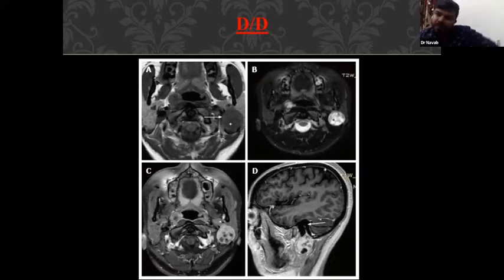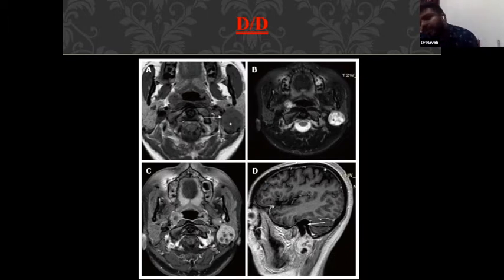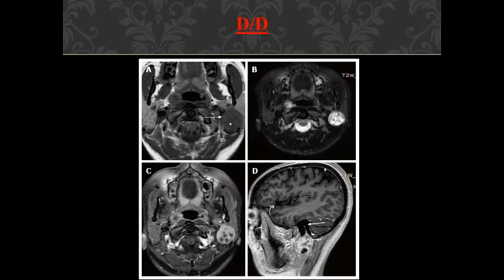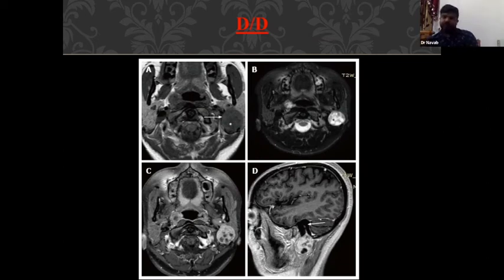What is the commonest parotid tumor with perineural or perivascular spread? Adenoid cystic carcinoma. So what is the commonest malignant tumor of the parotid gland? Adenoid cystic carcinoma, acinic cell carcinoma? No, it is mucoepidermoid carcinoma.